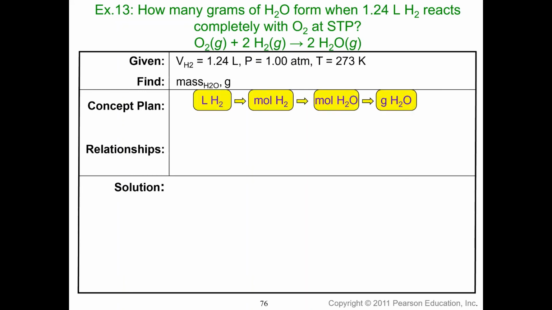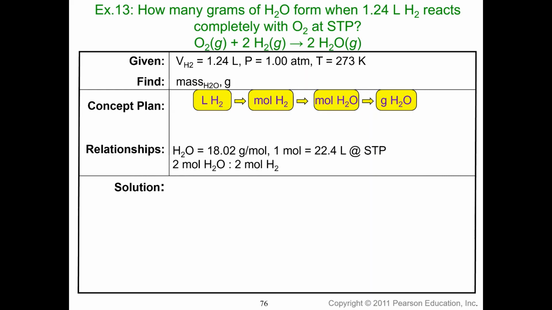So you can go from the liters of hydrogen to find the moles of hydrogen. And then you can use the molar ratio to find the moles of water. Now, for the first relationship, going from the volume to moles, we are going to use molar volume as a conversion factor.